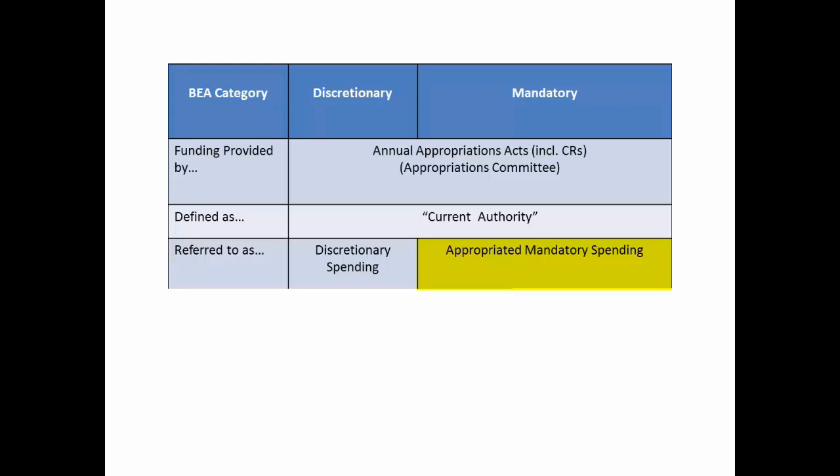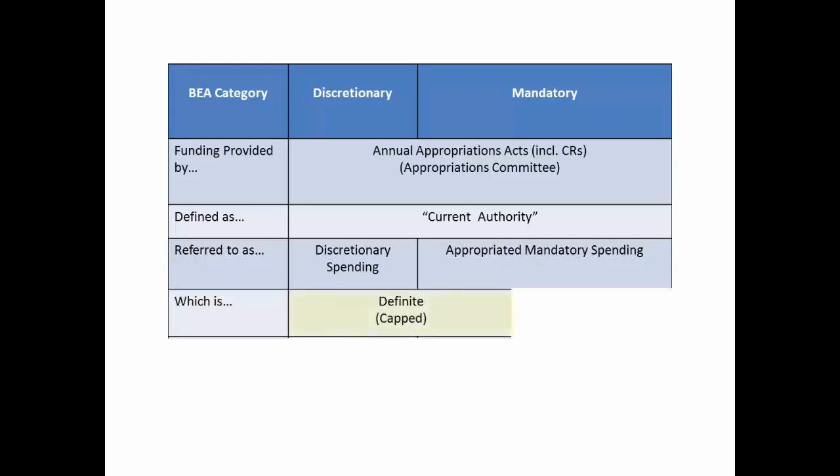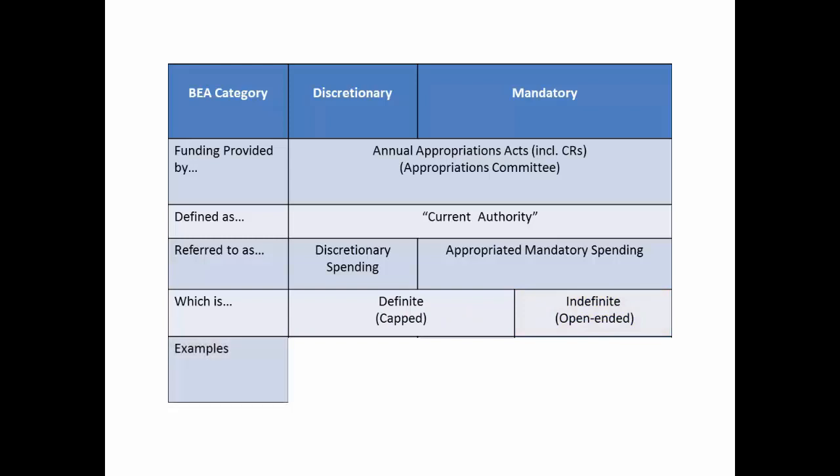But since not all annually appropriated mandatory spending is the result of an entitlement, it's more accurately referred to as appropriated mandatory spending. Such funding may also be distinguished by whether it's definite appropriation or capped, or it's an indefinite appropriation and is open-ended.